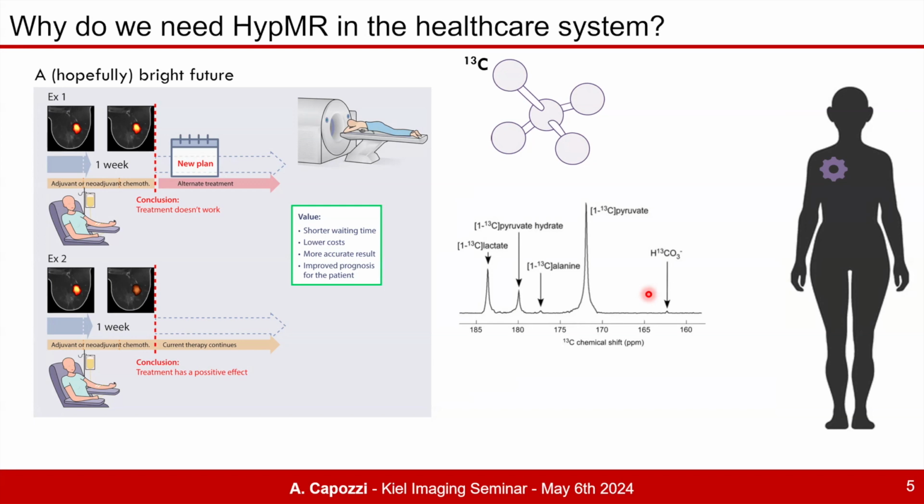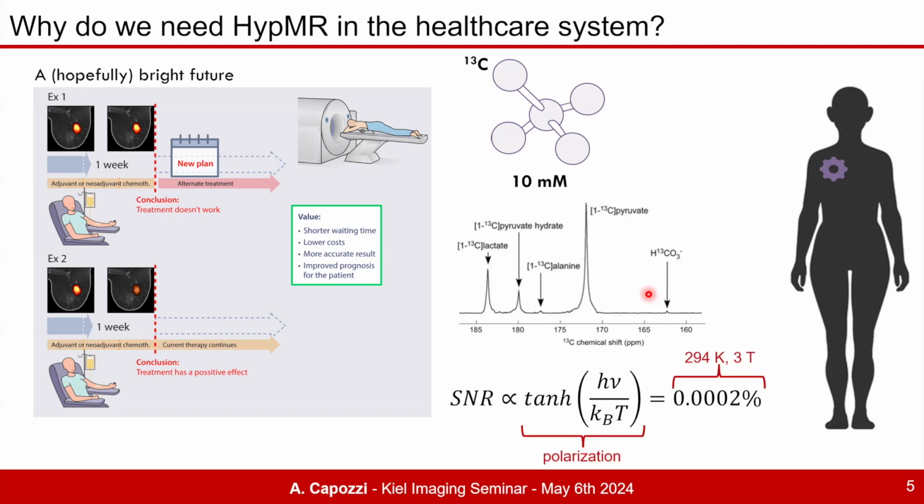But there are two bad news. Compared to the water, metabolites are very diluted in our body, 10 millimolar compared to 33 molar that I showed before. And also the gyromagnetic ratio of carbon is 4 times smaller than proton. So at standard condition of an MRI scanner, the polarization is very small, and in turn, the NMR signal is very small as well.